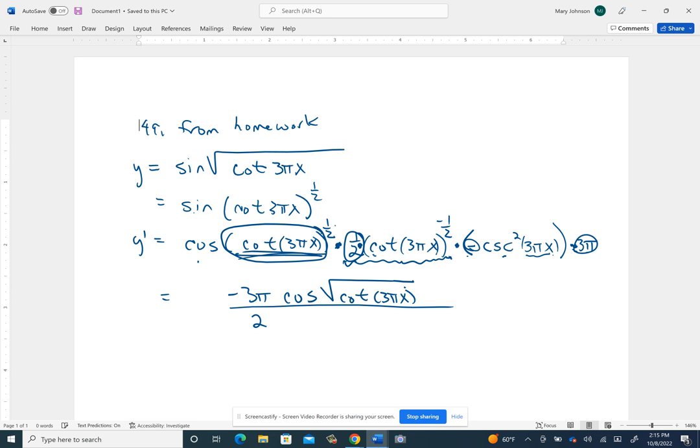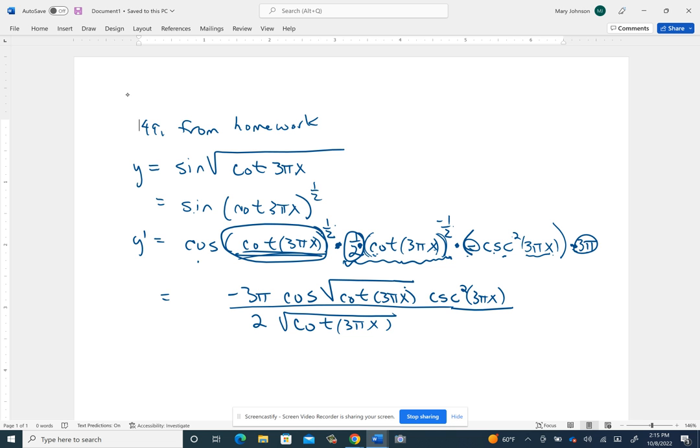Then here the cotangent 3 pi x, again, is raised to a power, but it's a negative 1/2 power. So that's going down here, and I'm taking the square root of that. And then I have cosecant squared, which should just be up here on top. And I'm just going to make clear that 3 pi x is the input. And that should be it.